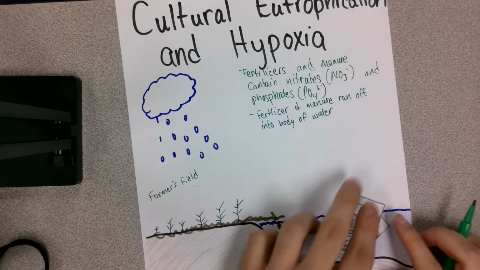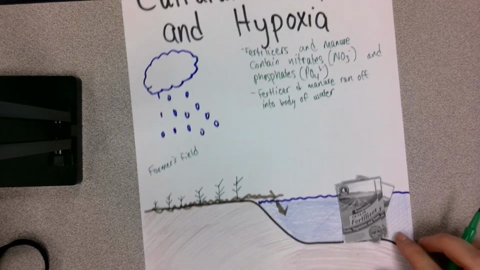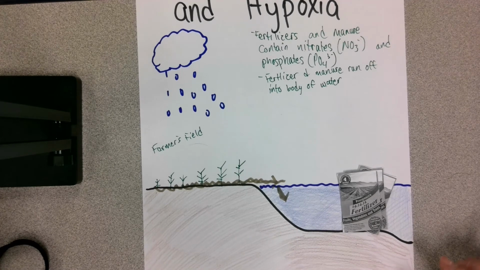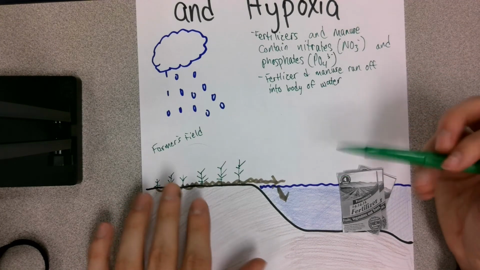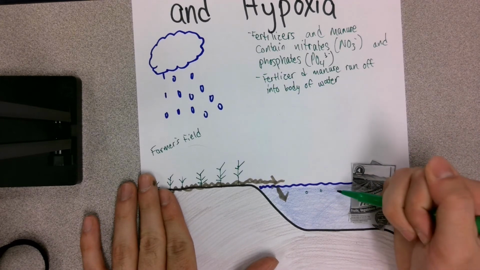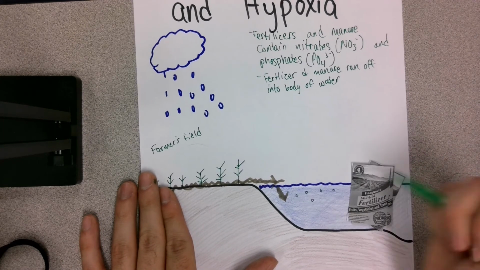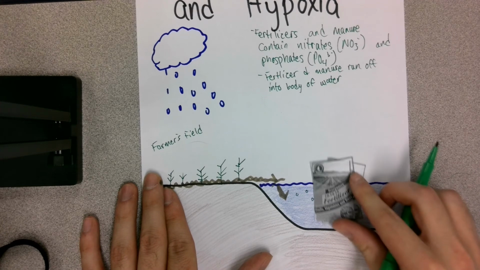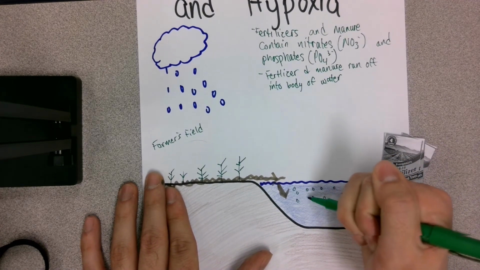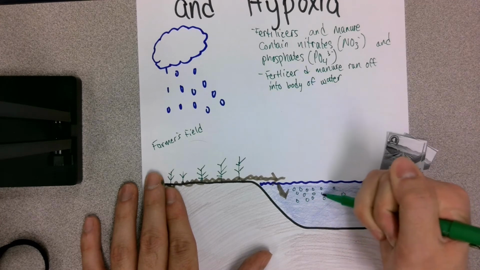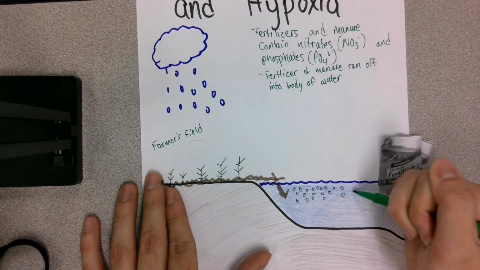And the algae that are already living in the water, they get really excited because they have been limited by the amount of nitrate and phosphate in their water. So they're just hanging out here, and then they get all of the fertilizer and all of the manure, and they start growing like crazy. They start multiplying, and these circles are representing algae.